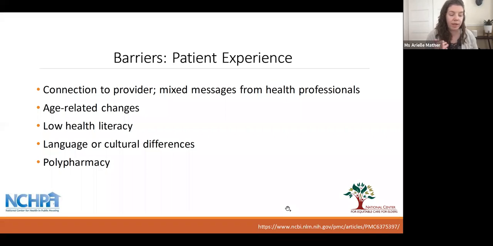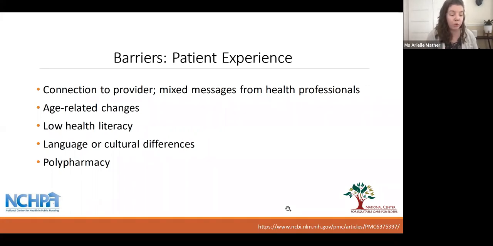Have they been able to develop a sense of trust with their provider and have a clear understanding of the benefits of what they're being asked to do? A lack of rapport or conflicting information on a patient's lifestyle behaviors or risk factors for diabetes may leave them feeling discouraged or disinterested in starting or maintaining healthy habits, which we know are so crucial as we age.